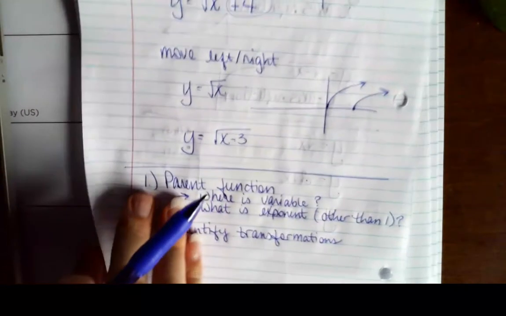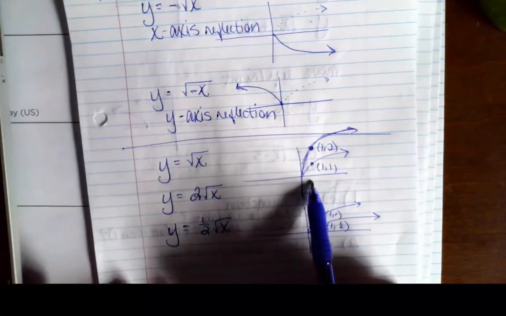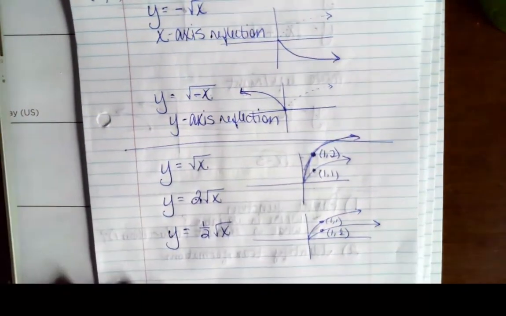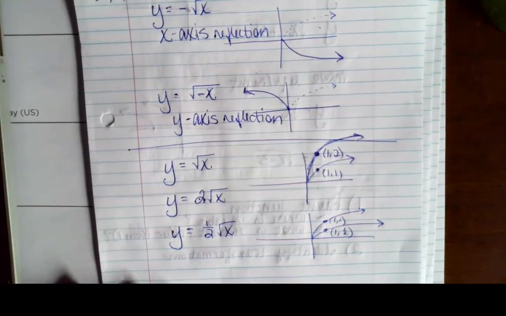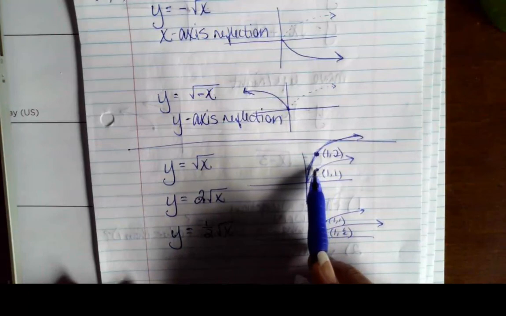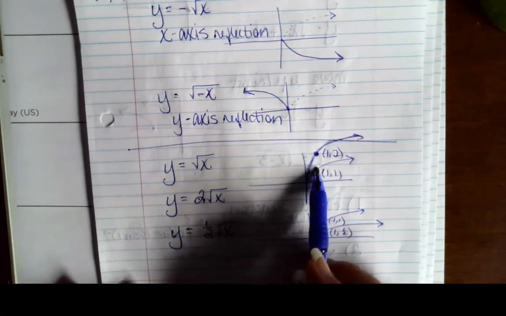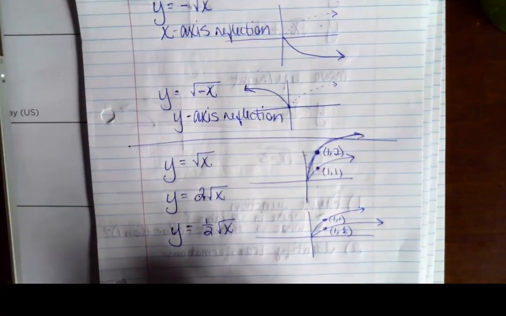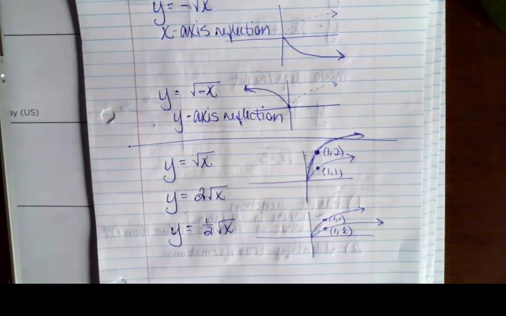And remember, for the stretch or compress, what we want to look at first is the fact that it was at 1, 1. Pretty much every single one that I've given you. I'm trying to think if there's one that I gave you that's not going to hit at 1, 1, and I don't think there is. But if it doesn't hit at 1, 1, where does it hit? And that's going to help us figure out what the stretch or compress is. So that is our summary, and then we're going to come back and we're going to do some examples.